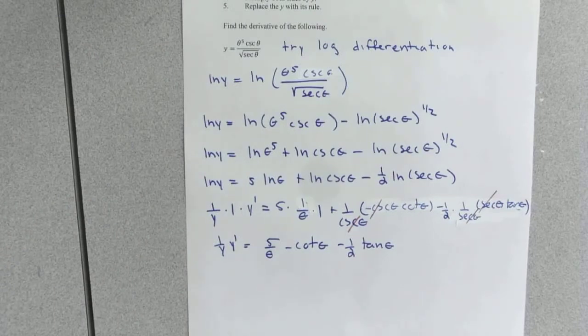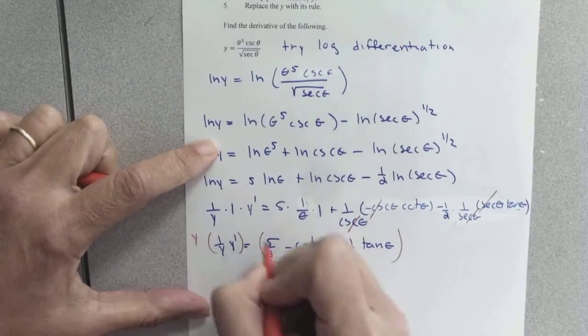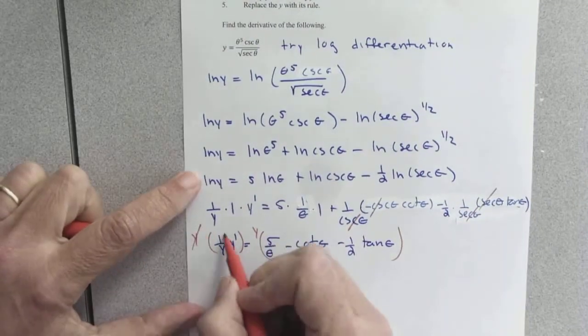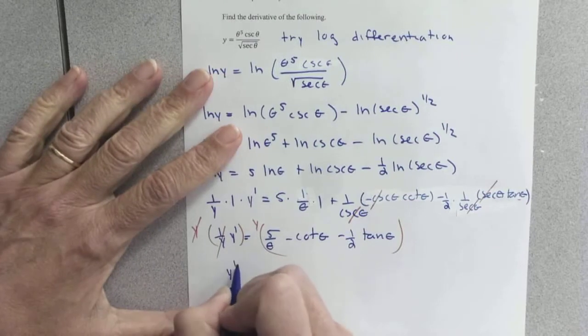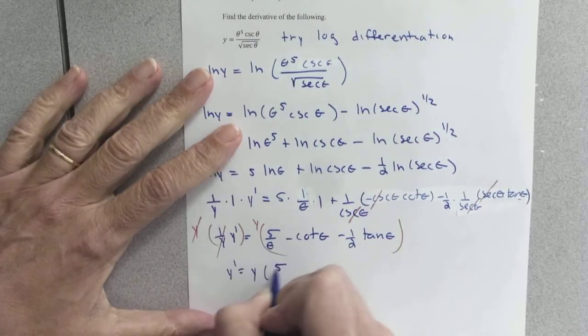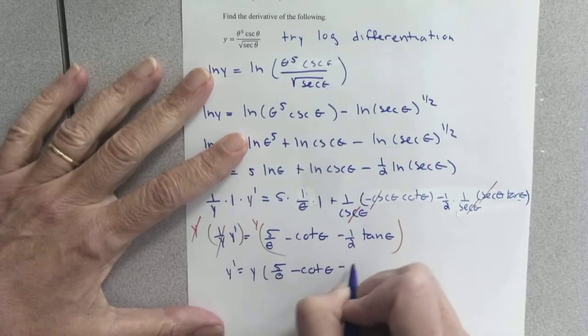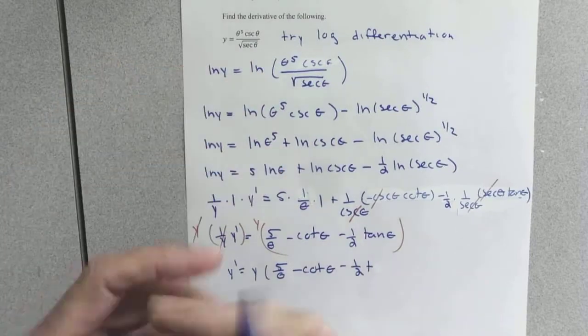I want to know what y prime is. So now I'm going to multiply both sides by y. Because over here, the y and 1 over y cancel. And so I get y prime equals y times 5 over theta minus cotangent theta minus 1/2 tangent theta.